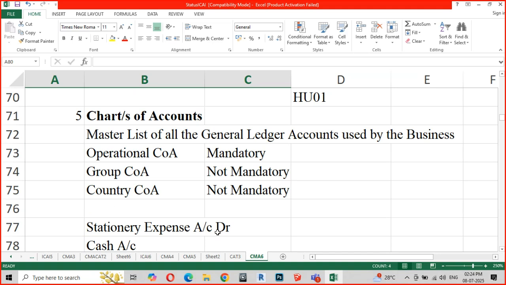It is the finance consultant. 99 out of 100 times this activity will not be given to the end user. This is not the job of an end user.